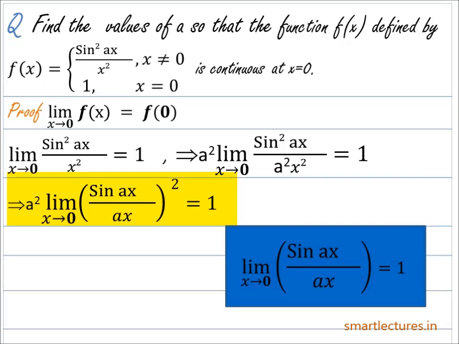Now as per the properties of limits, limit x approaches 0, sine ax upon ax is equal to 1.